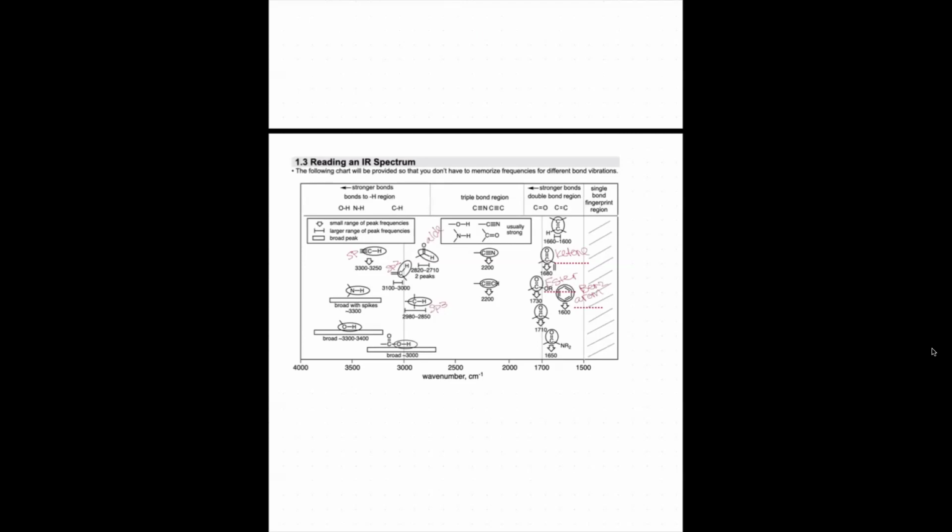The wave number scale allows for identification of specific functional groups and molecular bonds based on their characteristic absorption frequencies. So this scale here, that's why she also gives you this, so you don't have to memorize all this. The wave number is inversely proportional to the wavelength. So higher wave numbers over here have shorter wavelengths.